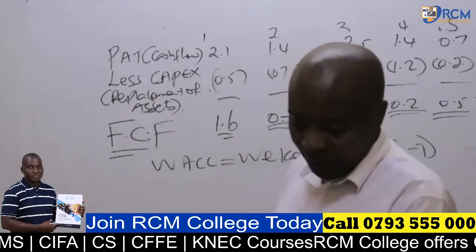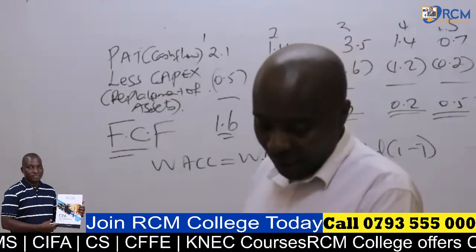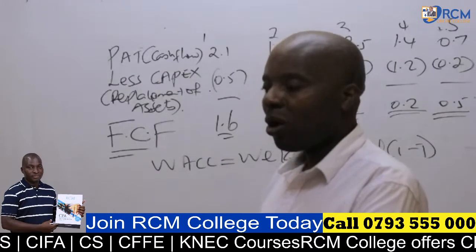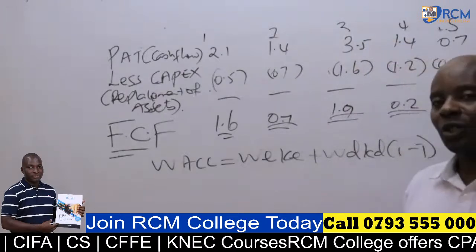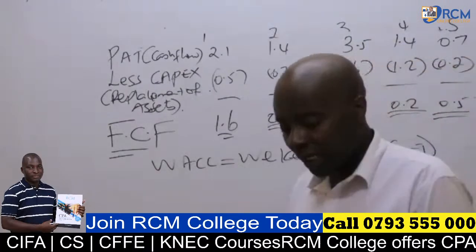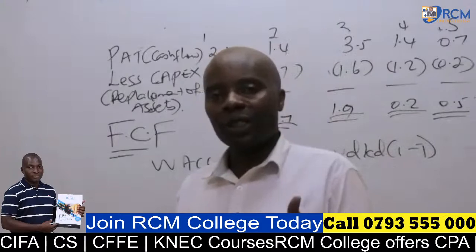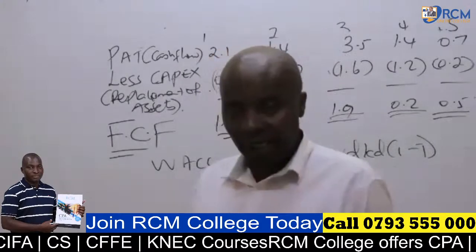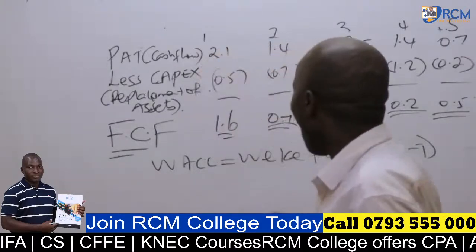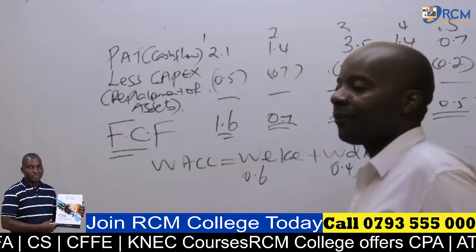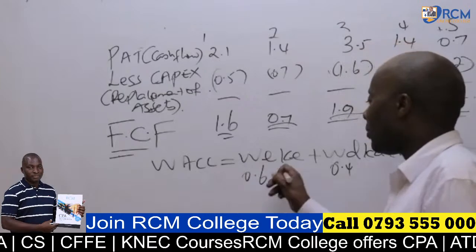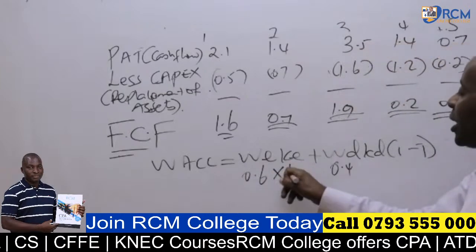There is a place where they gave us the gearing ratio of 40%. Whenever you hear of gearing ratio, you know that gearing ratio is the same as weight of debt. So weight of debt is 0.4, and then weight of equity will be 0.6 times cost of equity. You guys gave me 12%.